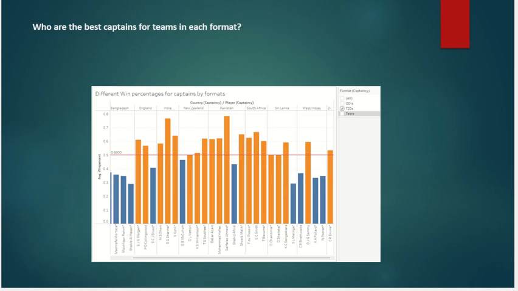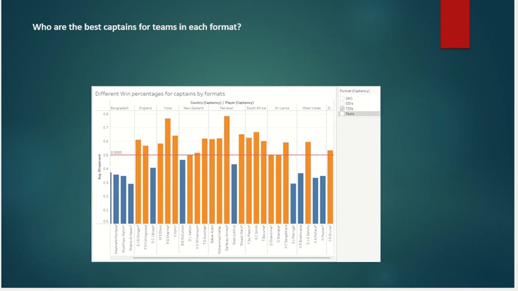To answer the question about the best captains for the teams in international cricket, I have chosen the captaincy table as the data source. To identify the best captains for the team, I have chosen the captains with a win percentage of 50% and above.